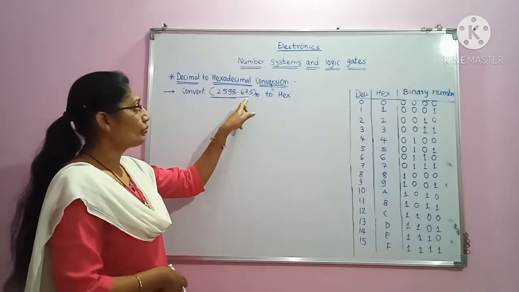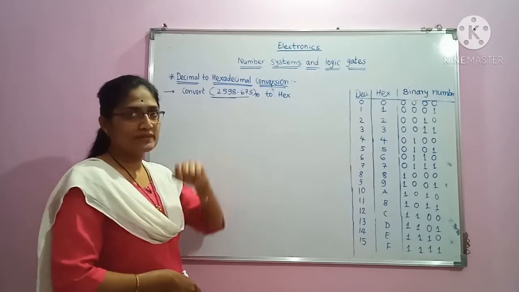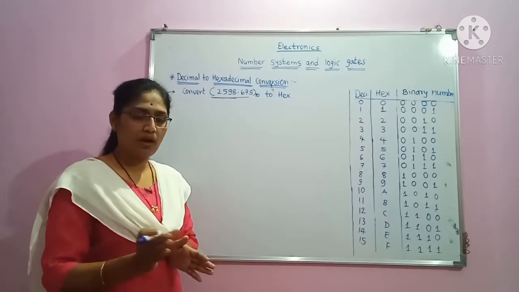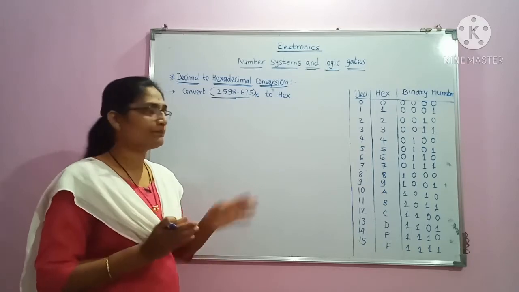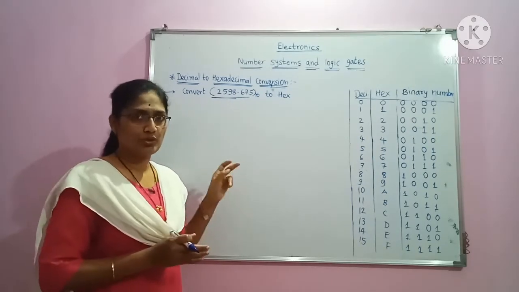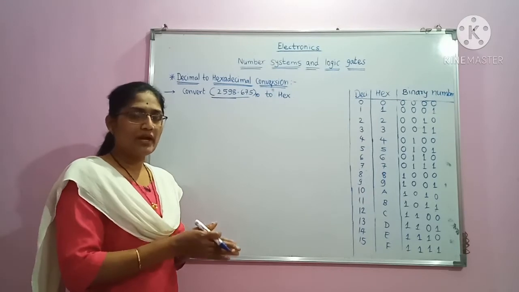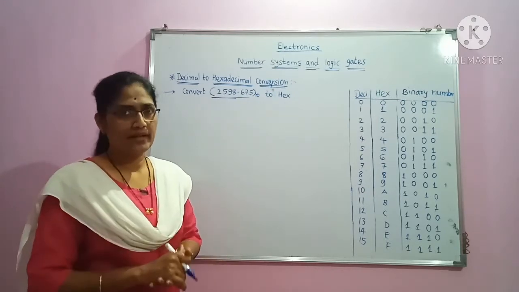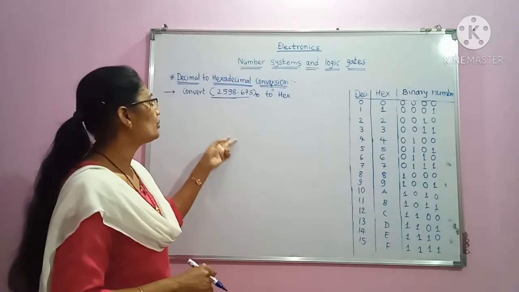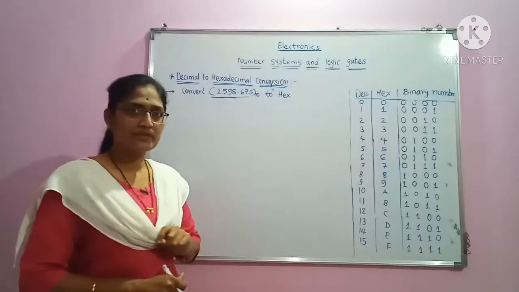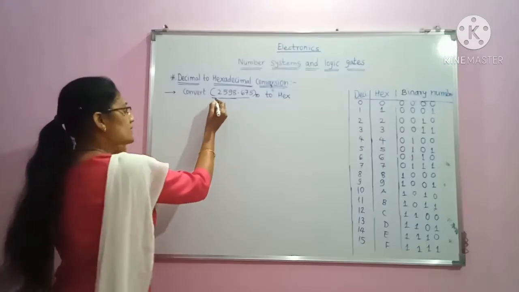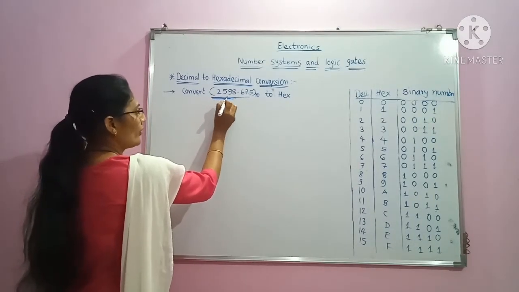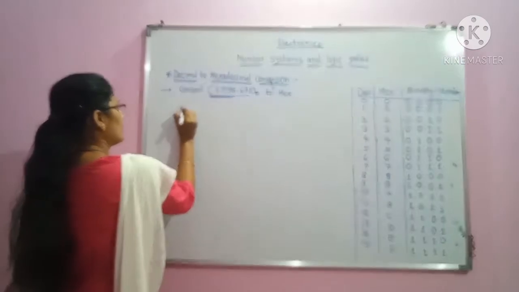Then you have to write down the outcome of that multiplication, or product, as a fraction and an integer part, and that integer part will be taken as a carry. I will explain how to find this separately. So let's start to find the conversion of 2598 to hexadecimal.